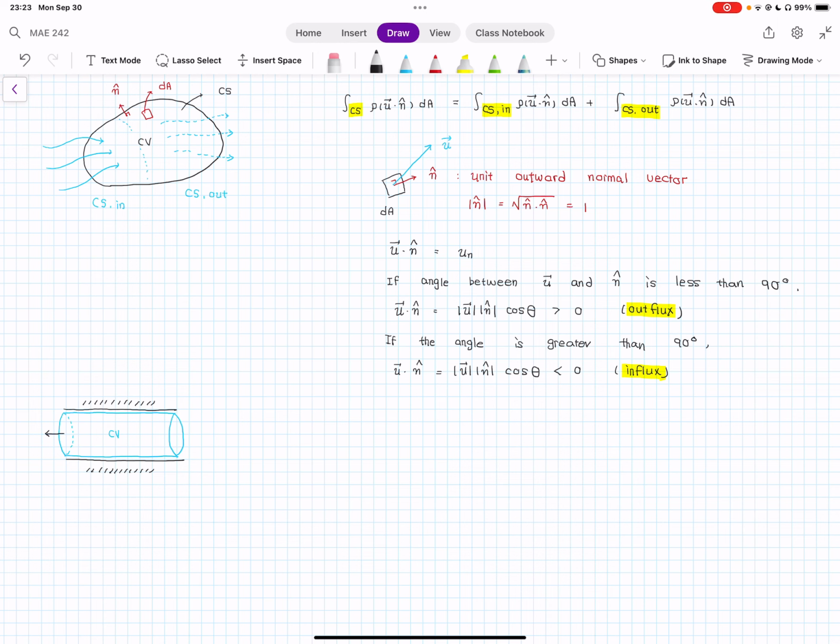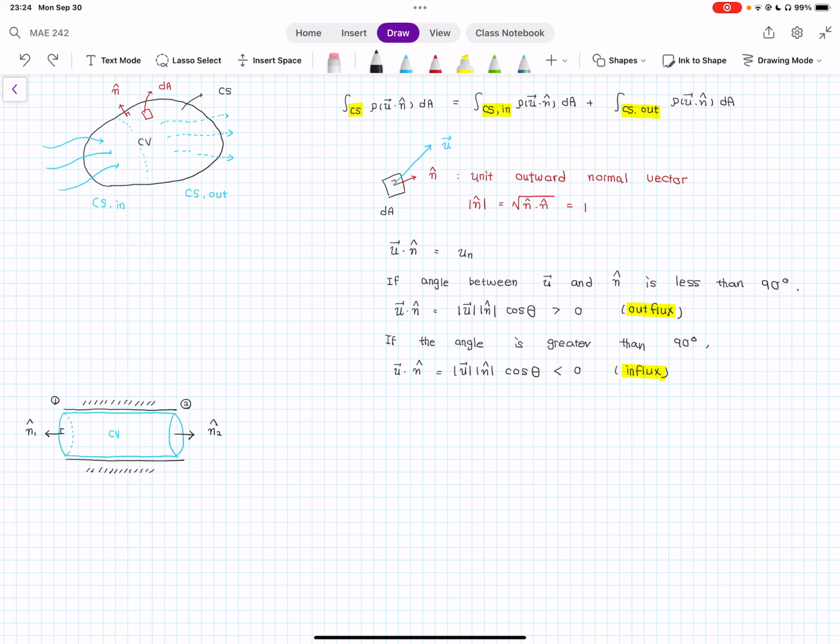If I call this location 1, surface 1, and this surface 2, circular areas, I have outward normal vector n1 hat and outward normal vector n2 hat. I don't care about the side surface, because the fluid velocity there is 0, so that u dot n is 0 all the time because the velocity vector u is always 0.